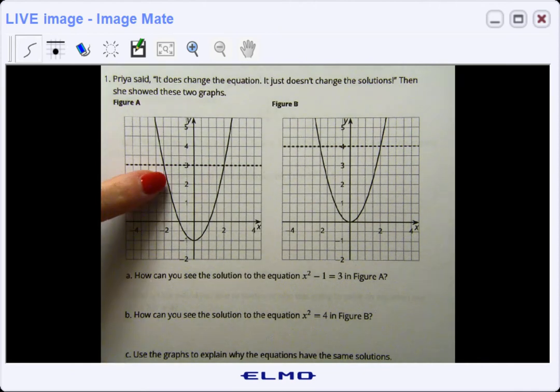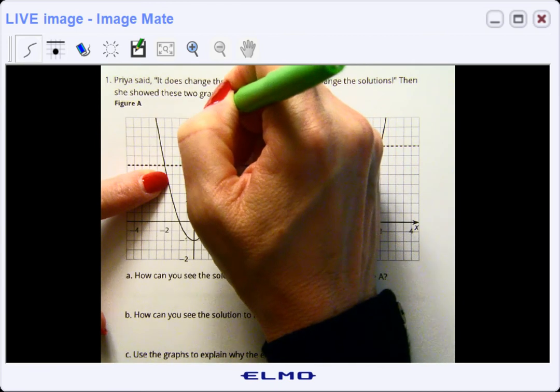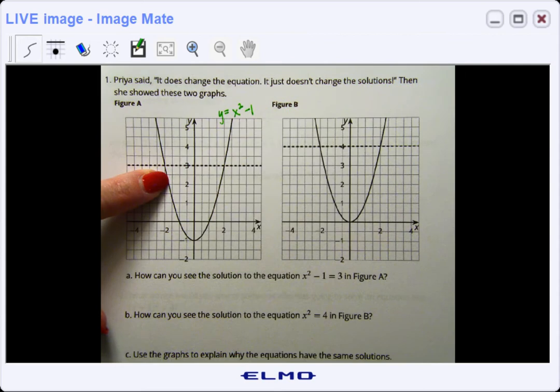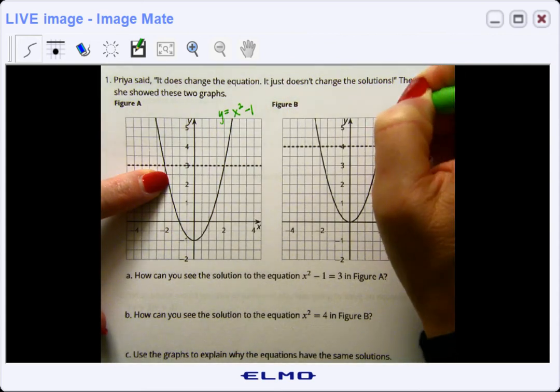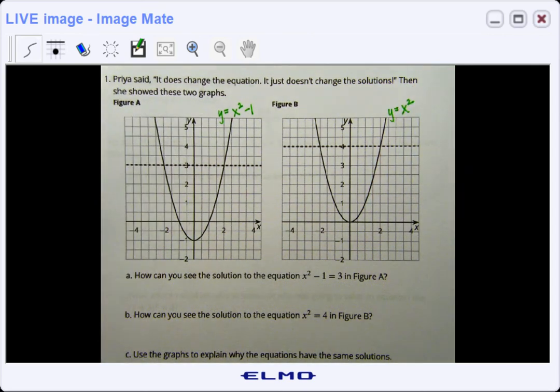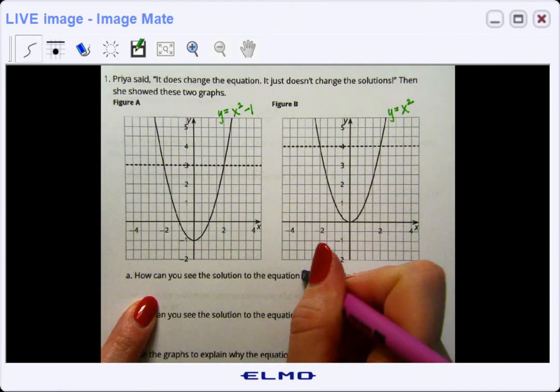It looks like this first graph is y equals x squared minus 1. And then this one is y equals x squared. It says, how can you see the solution to x squared minus 1 equals 3?